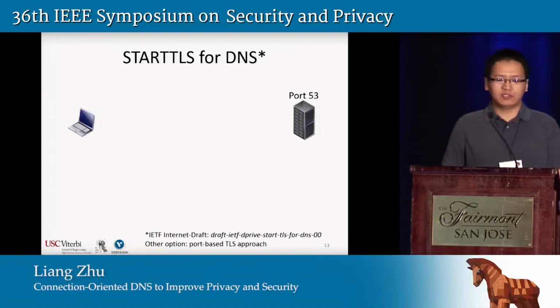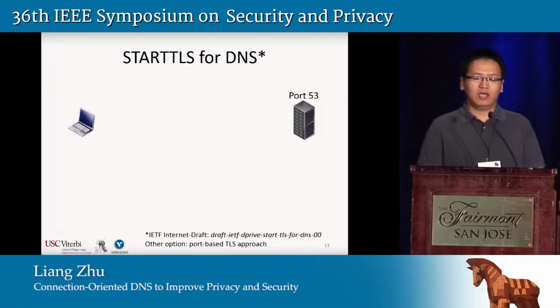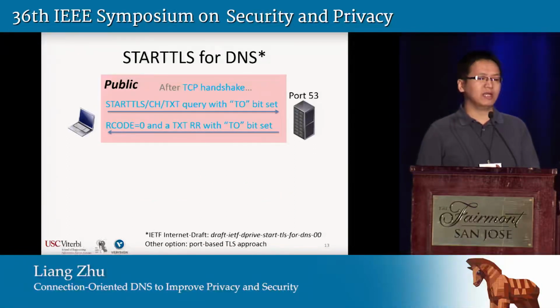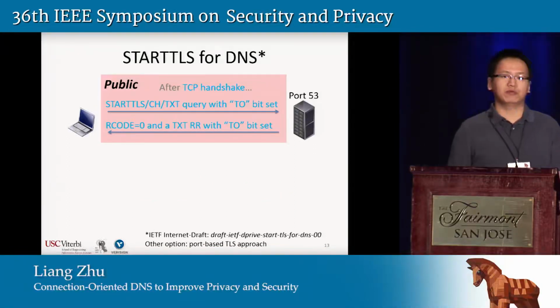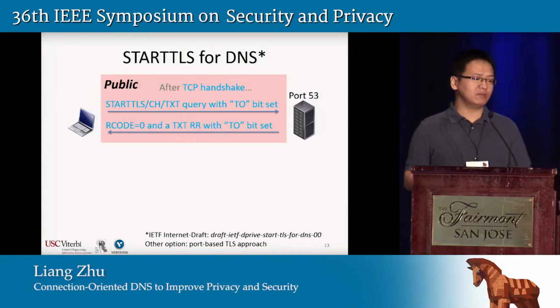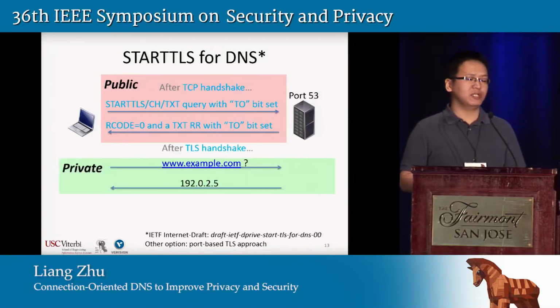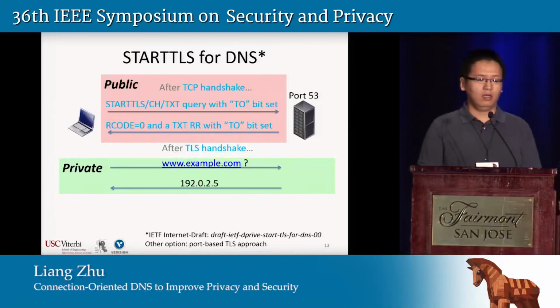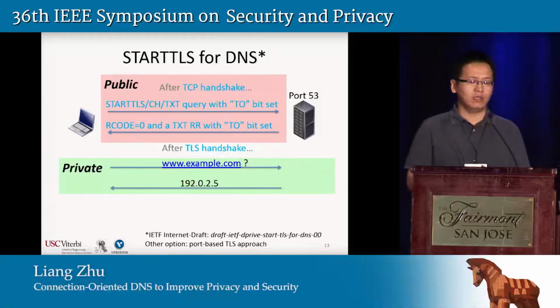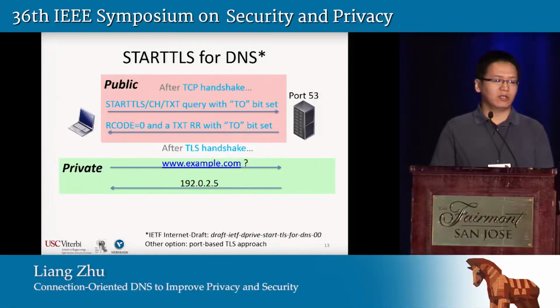To start TLS, the client can send a very special dummy query to the server. If the server confirms it, the client can then initiate a TLS connection. And then all the queries and responses are private.